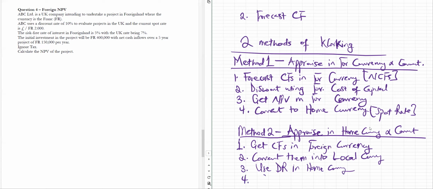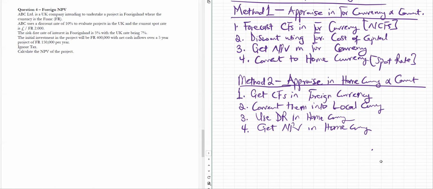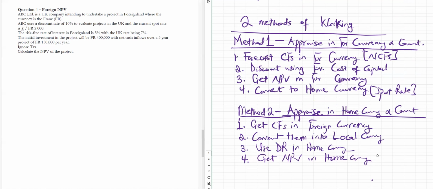Then we get NPV. We get NPV in home currency, right? Then that's actually what we are looking for, the NPV in the parent's currency. But if you like, you can always convert, right? Okay, so these are the two methods.